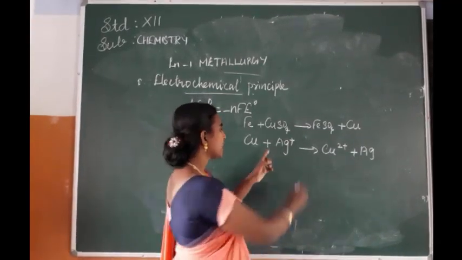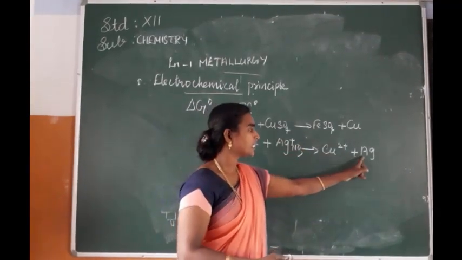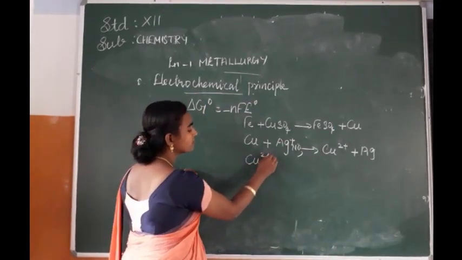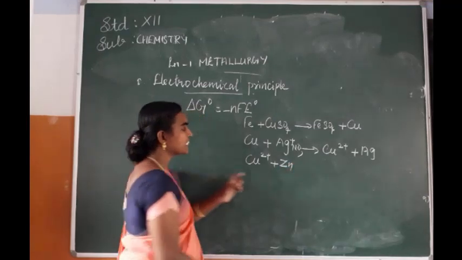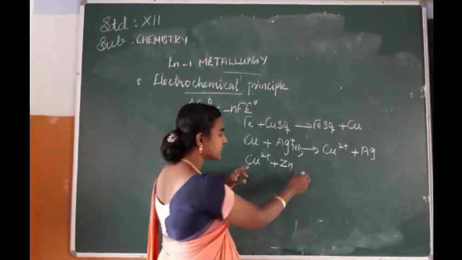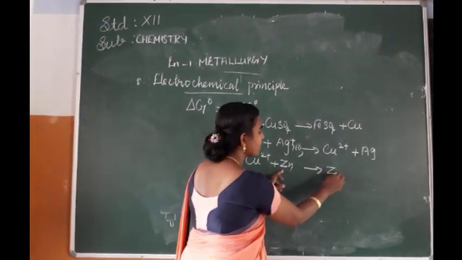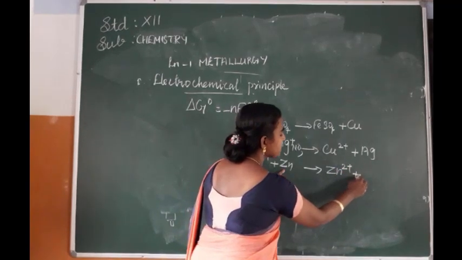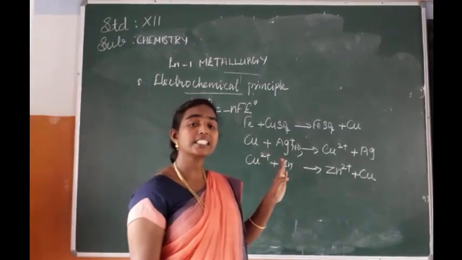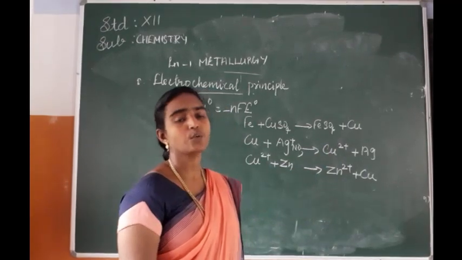So it displaces silver from silver nitrate and you get Cu2+. Okay. Next, when a zinc rod is dipped in copper sulfate solution, zinc is more active than copper, so it will change into Zn2+. Okay. So mostly, active metals displace the less active metal in a particular aqueous solution.